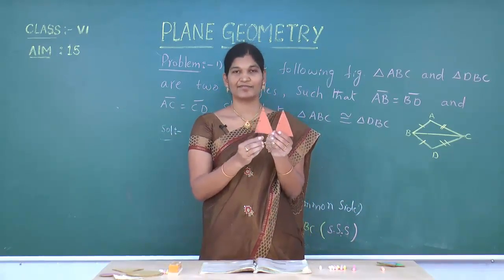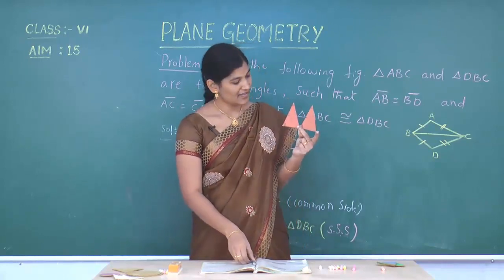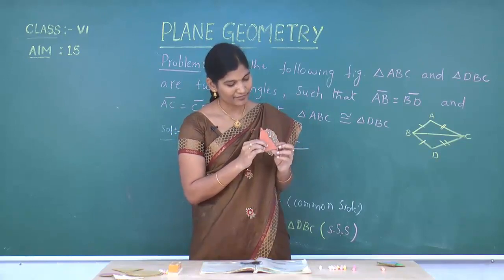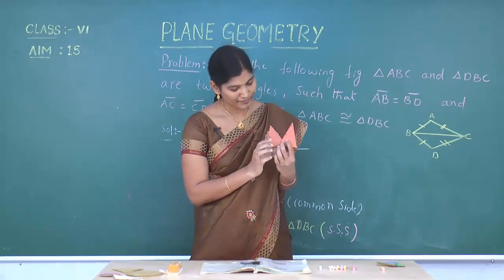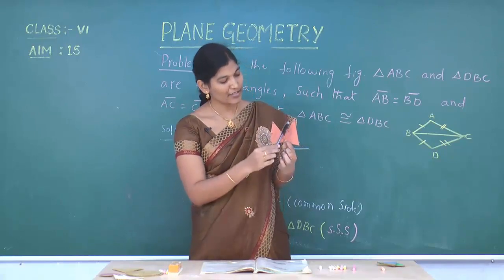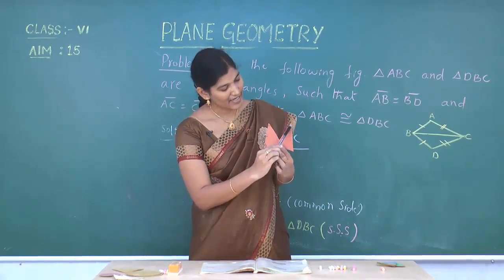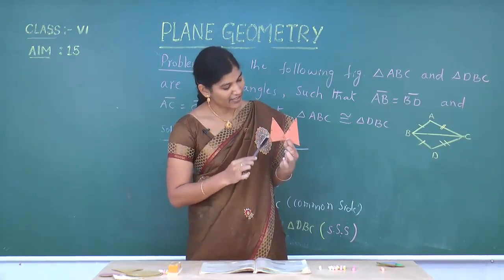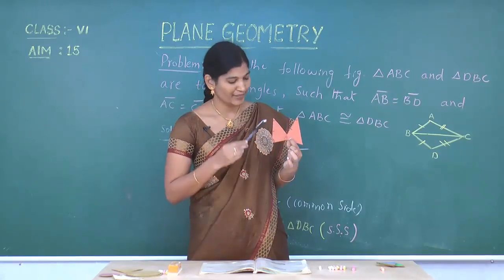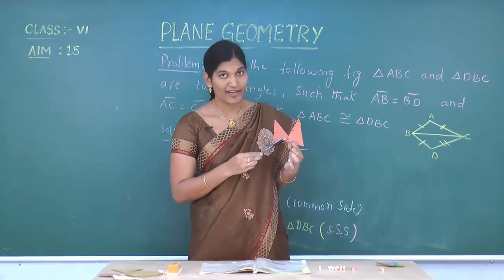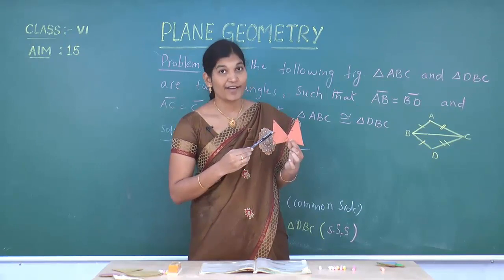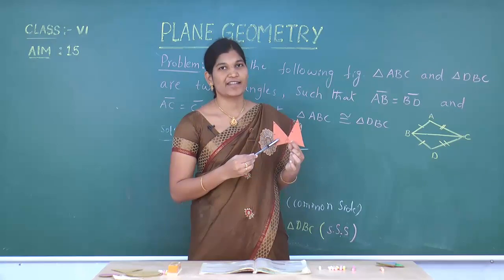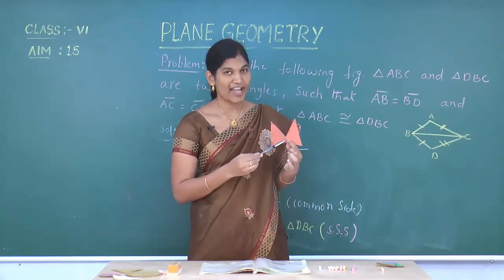See this one. Here you can observe two angles, and here angle equal to here angle, and this angle equal to this angle, and the included side is this one. Two angles and its included side are equal in both the triangles, and they are corresponding sides and corresponding angles.